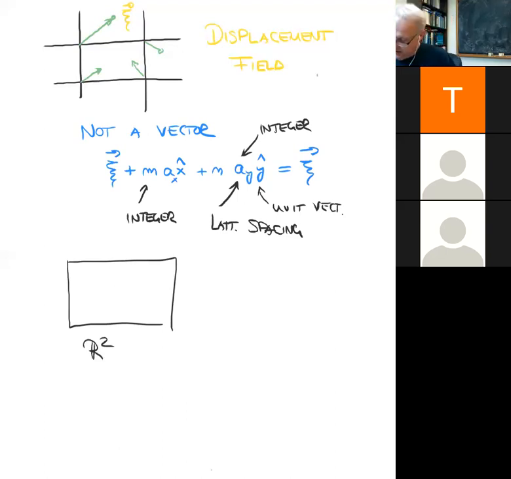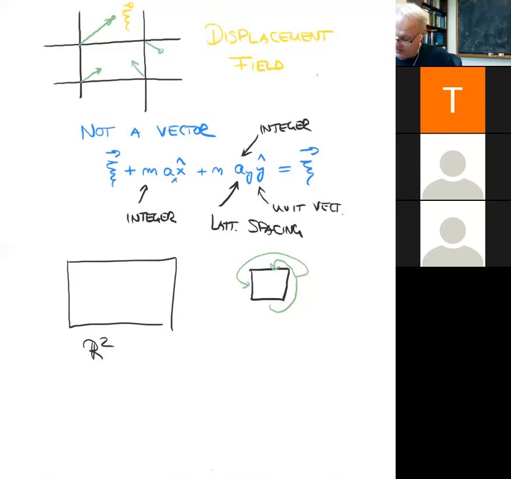But my order parameter field does not live on R2, it lives on R2 which is periodically identified. So it lives on some space that really is only the size of a lattice cell, and it's periodically identified like this. And if you have a two-dimensional space which is periodically identified, that space is really a torus.